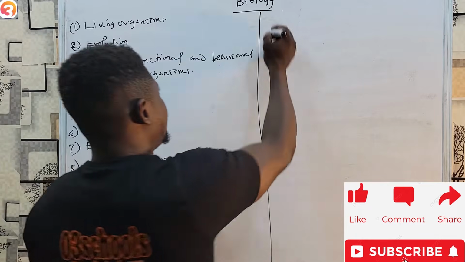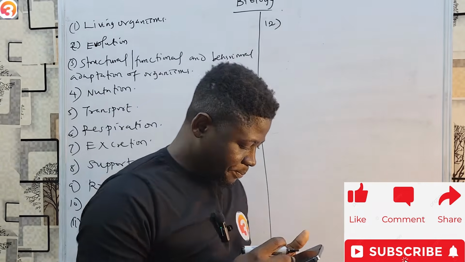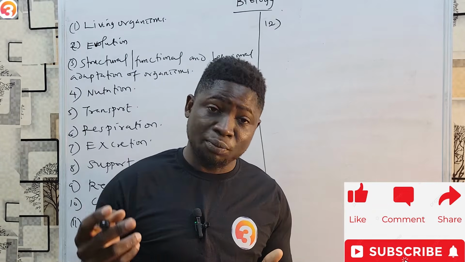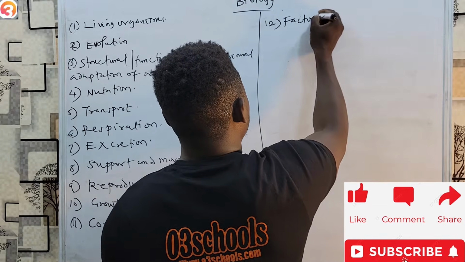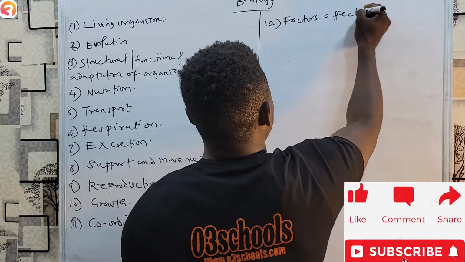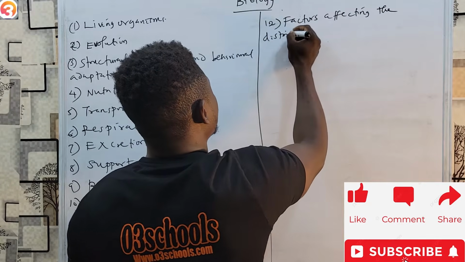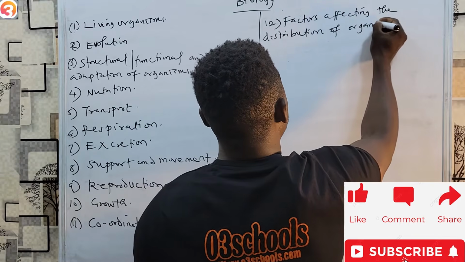Then number 12, we look at the factors affecting the distribution of organisms.